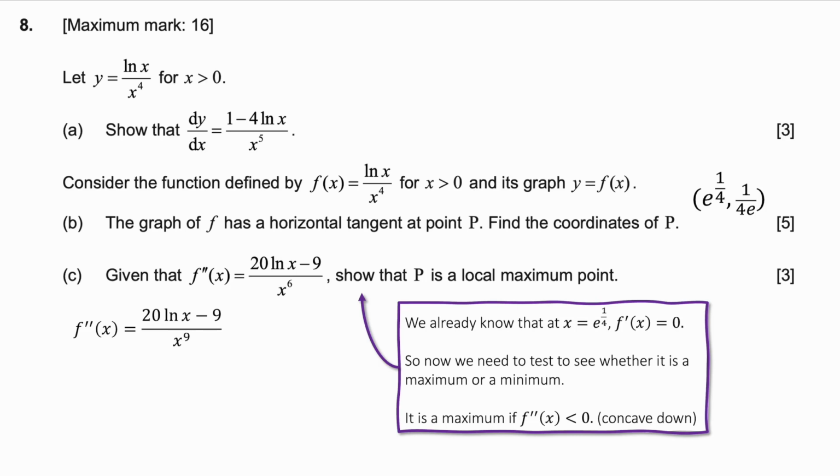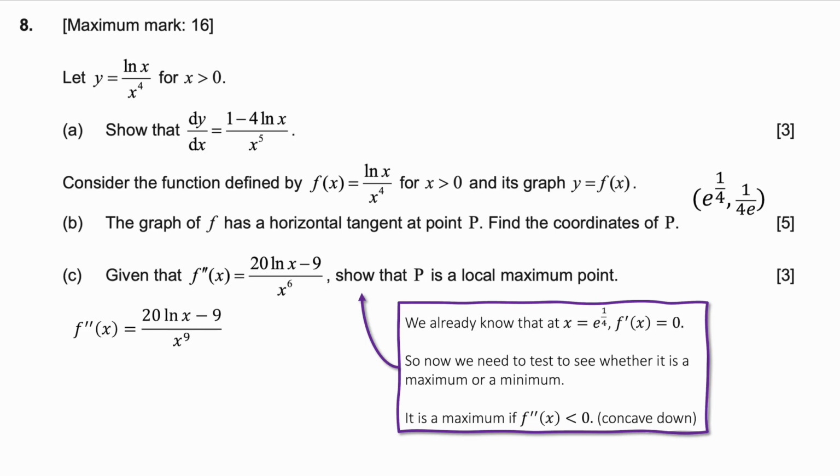So now we need to test to see whether it's a maximum or a minimum. And it is a maximum if f double dash of x is less than 0, that is, concave down. So the rule is that if you've got a turning point, it is a maximum if the second derivative is less than 0 at that point. This is the rules about concavity and turning points.